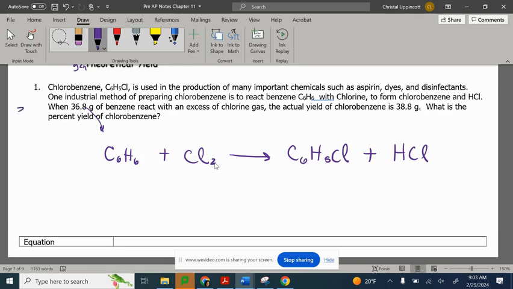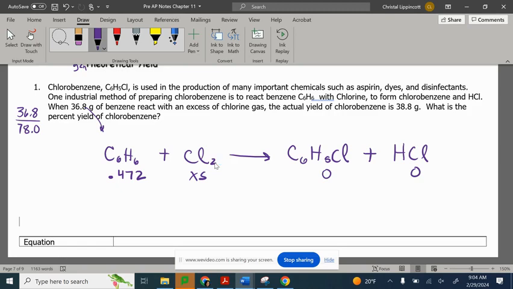So this is 36.8 divided by 78. This is the molar mass of benzene. So that's going to give me my moles of benzene. So I've got 0.472 moles here. They told us in the problem that we had excess here and 0, 0 here.